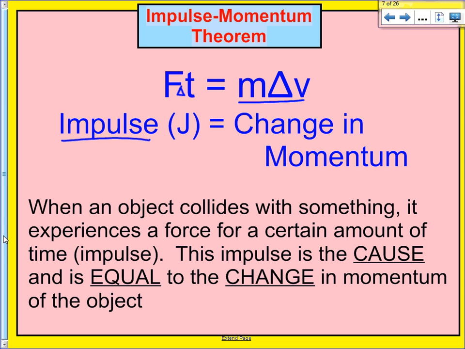Now we're going to be doing a lot of example problems with the impulse momentum theorem, but let me give you one example that will help you visualize what's going on here. If you think about a baseball field, the outfield is outlined with a certain amount of padding. We'll talk about why that is later on.